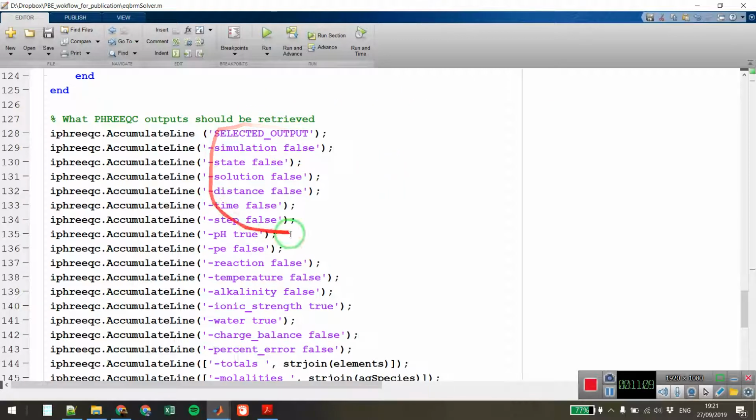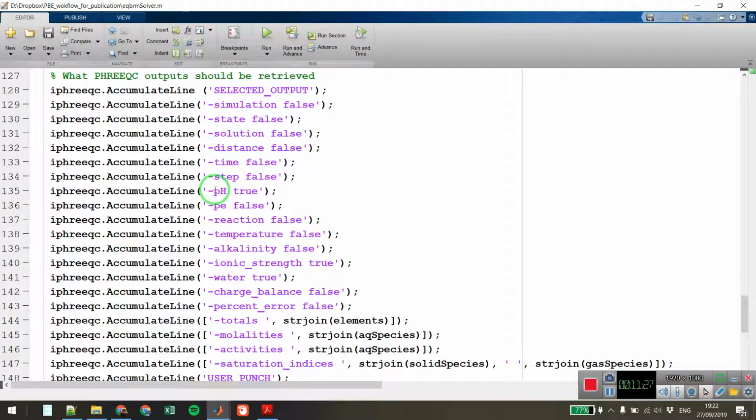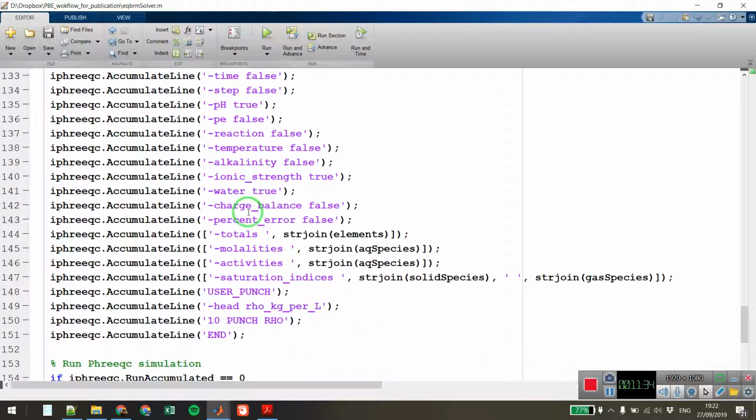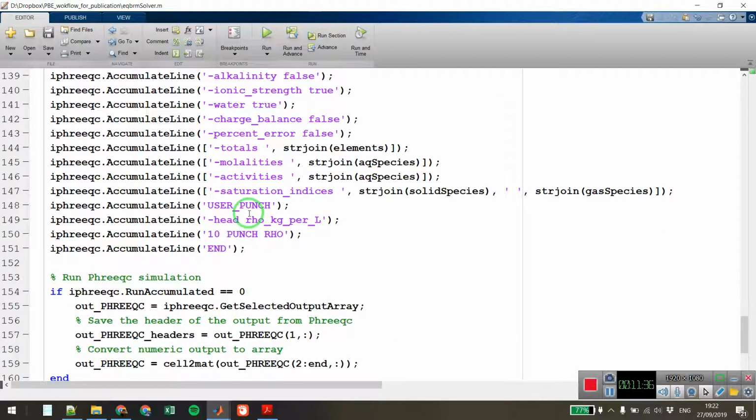Then in this section we again accumulate lines and try to catch the outputs. With this keyword, selected outputs, we don't need, for example, simulation information, but some information we do need. For example, pH is important. PE we're not interested in here. If for some reason you're interested, you can play with this and adjust it to your needs. And yes, that's pretty much it.